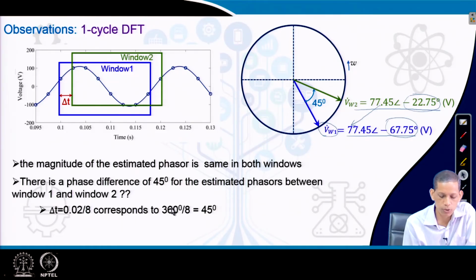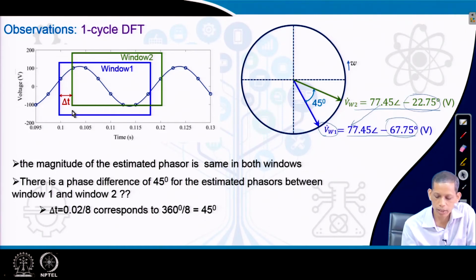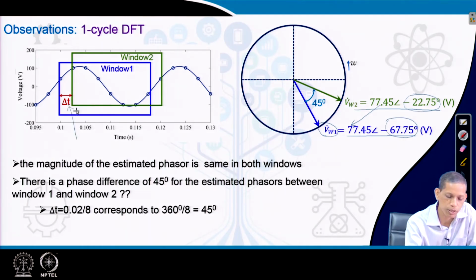It corresponds to one sample out of 0.02 by 8, that is, capital N equal to 8 samples per cycle, and this is one cycle of 360 degrees divided by 8 for each sample interval, which gives us 45 degrees. So this delta t corresponds to this 45 degrees.